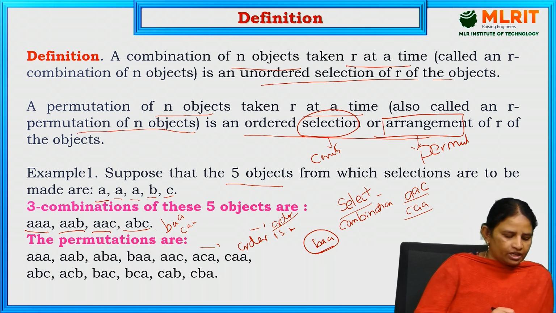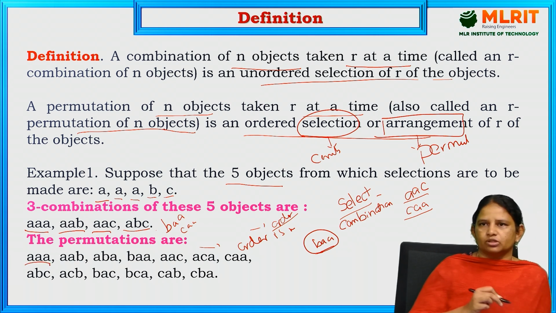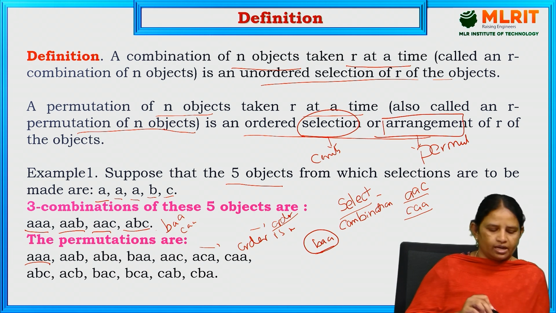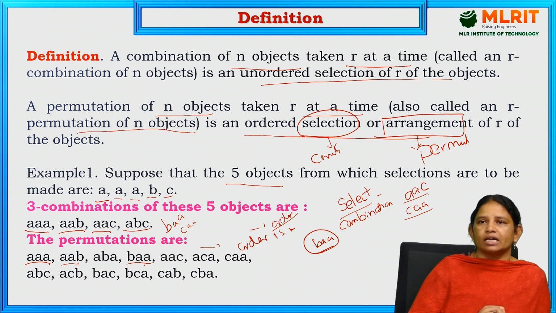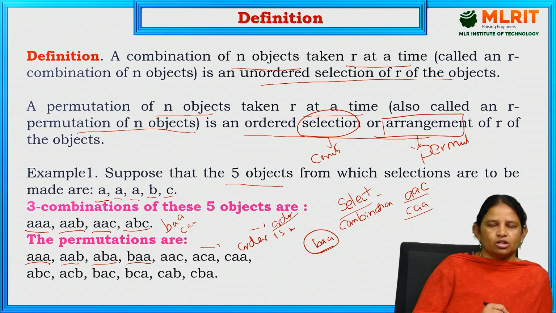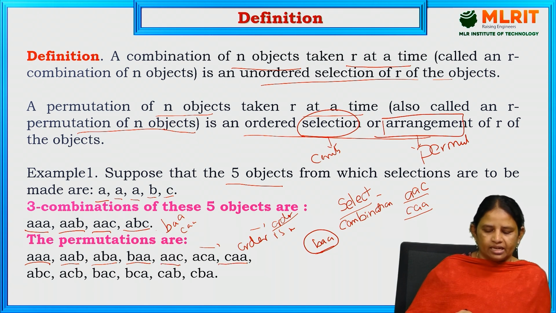Coming to the permutation, you can write AAA. In the case of reverse also, it is AAA. AAB, then write BAA. Both are different. Order is a matter. Then ABA, reverse also ABA, no need to write again. AAC, then CAA, both are different. ACA, reverse also ACA.